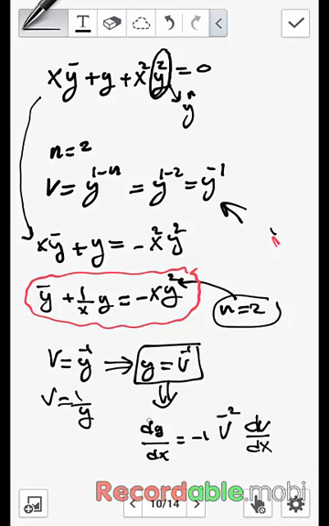Let me write it again on the next page. We reach dy by dx equals minus v to the power of minus 2 dv by dx.